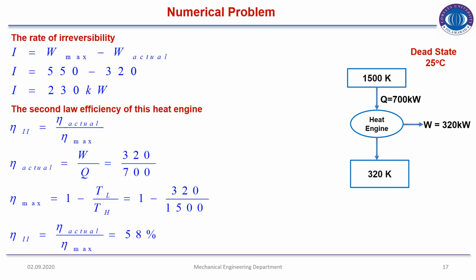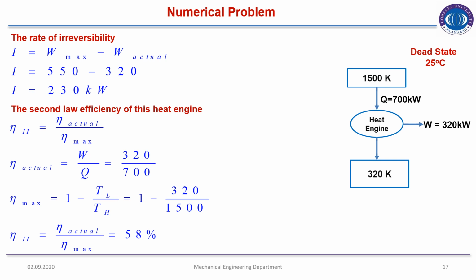So the efficiency of actual heat engine is W by Q, that is 320 divided by 700, and the efficiency of maximum heat engine is 1 minus TL over TH, that is the formula to calculate the efficiency of Carnot heat engine. TL and TH are also known, that is the temperature of sink and source.